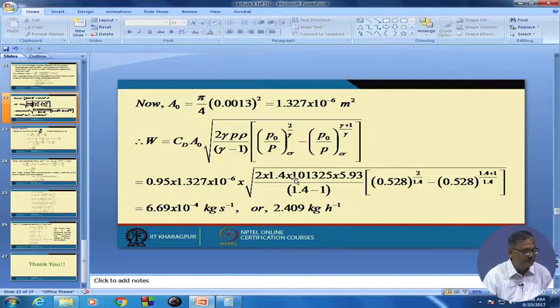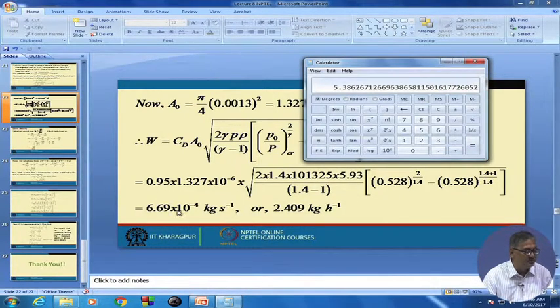So, from this value whatever we have gotten there, that is 6.69 into 10 to the minus 4, we know our value is 5.386.